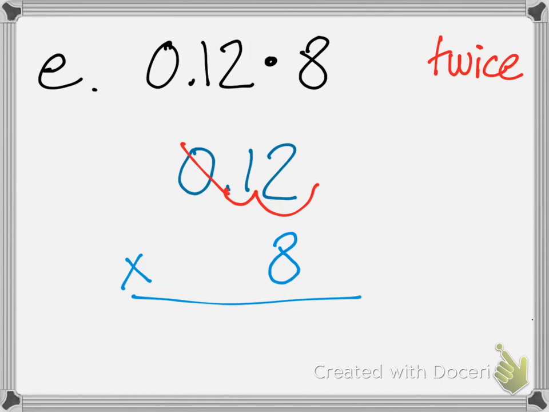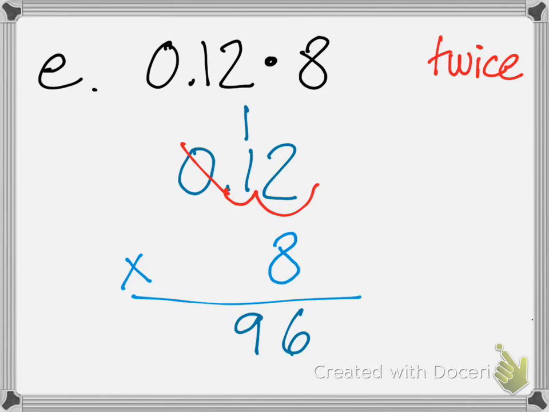Now, what's 8 times 2? 8 times 2, Romario. 16. Yes. What's 8 times 1, Raphael? 8. Perfect. Plus that 1? 9. Does that make sense? 0.12 times 8 is 96.